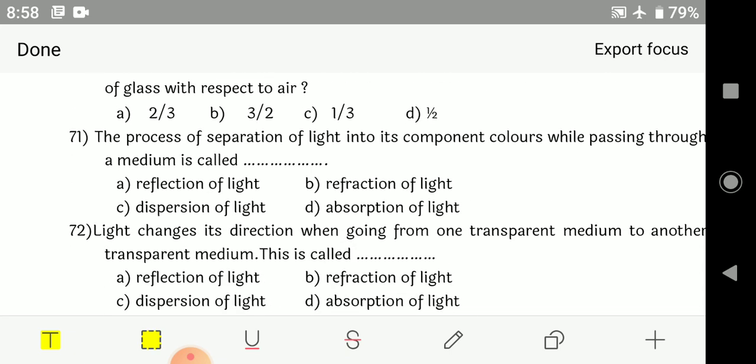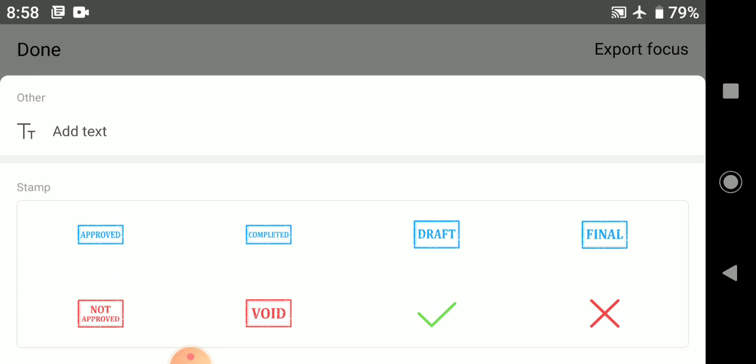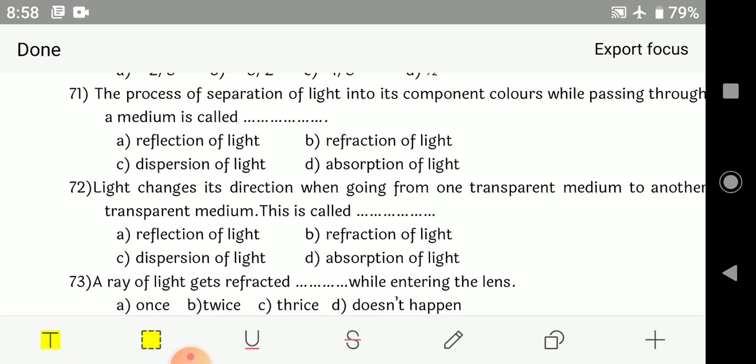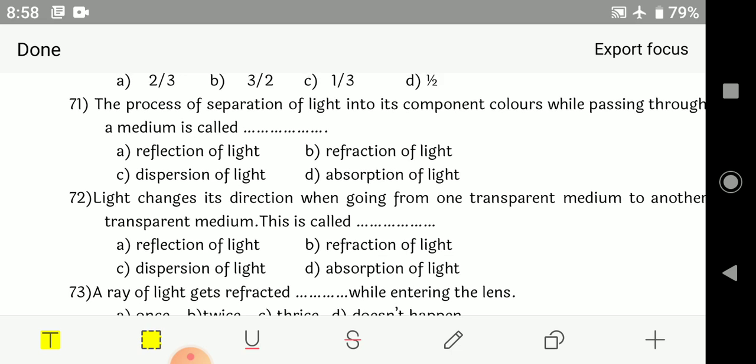71. The process of separation of light into its component colors while passing through the medium is called dispersion of light.